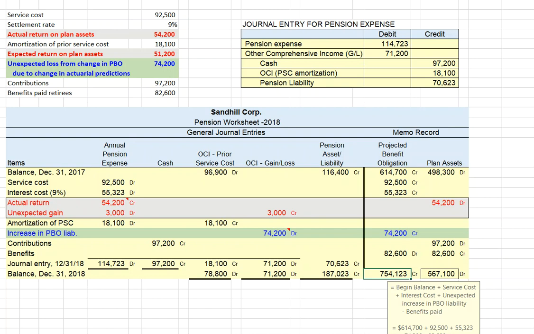We add to it the current period service cost of $92,500, as well as our interest cost of $55,323. We record the $74,200 increase in our pension benefit obligation due to changes in our actuarial assumptions. And then last, we subtract the $82,600 in benefits paid.